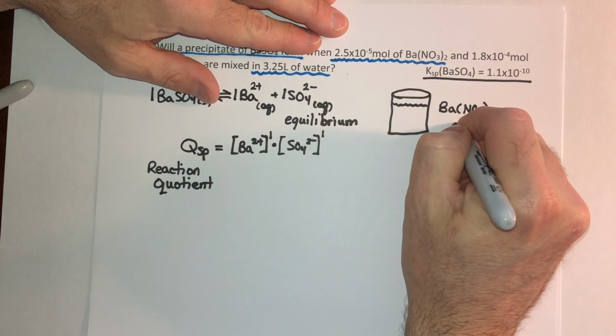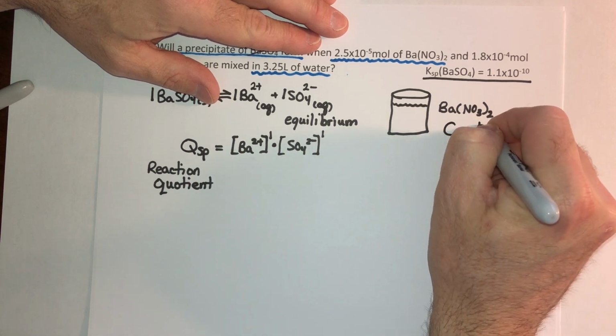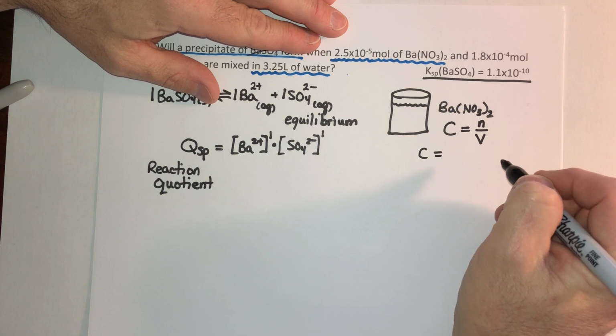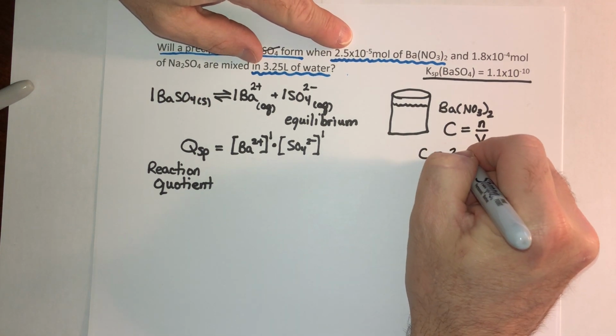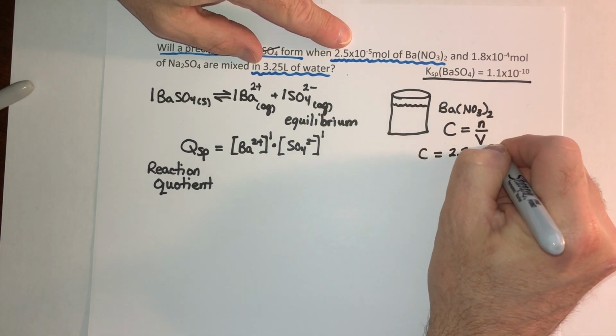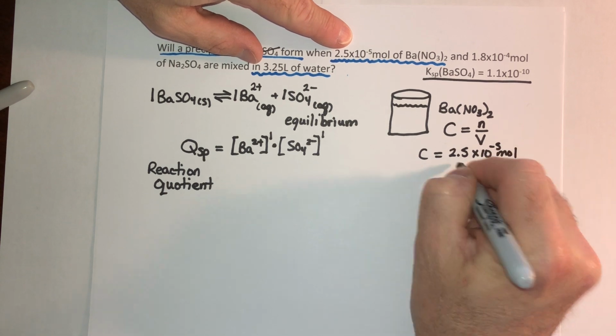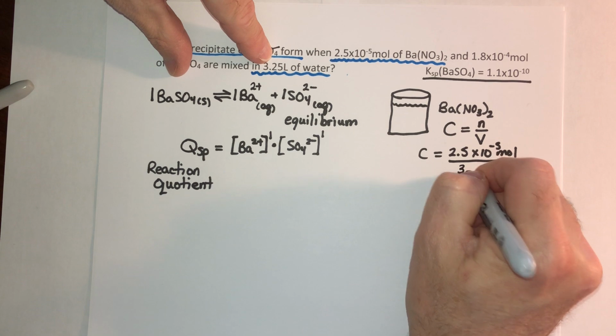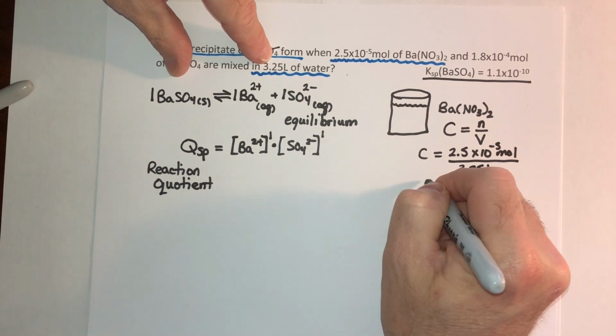So the first thing we're going to have to do is calculate concentration. Concentration is moles divided by volume. So concentration would be the number of moles, 2.5 times 10 to the minus 5 moles, divided by the volume of water that you've dissolved in, 3.25 liters.